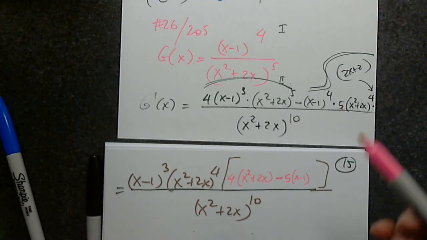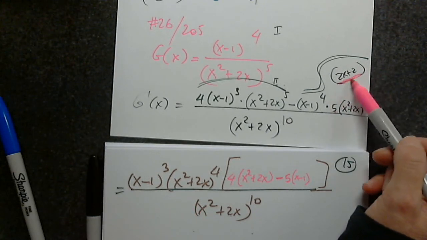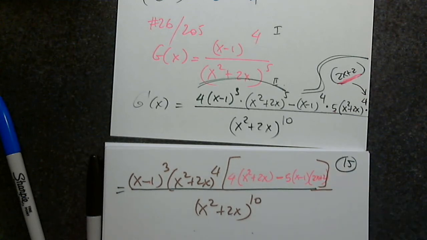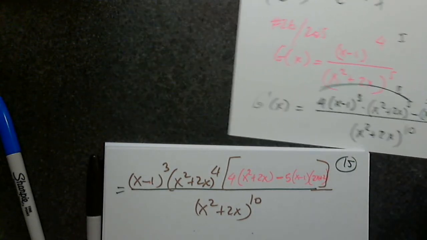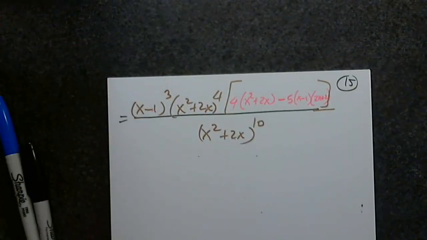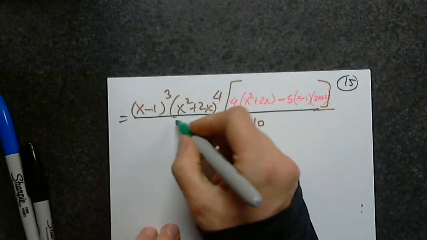Nothing left in there, but I still have a 2x plus 2. 2x plus 2. I hope you're proud of me. I kind of ran out of room, but not exactly. I was able to squeeze it in. Okay, now I'm super, super happy.